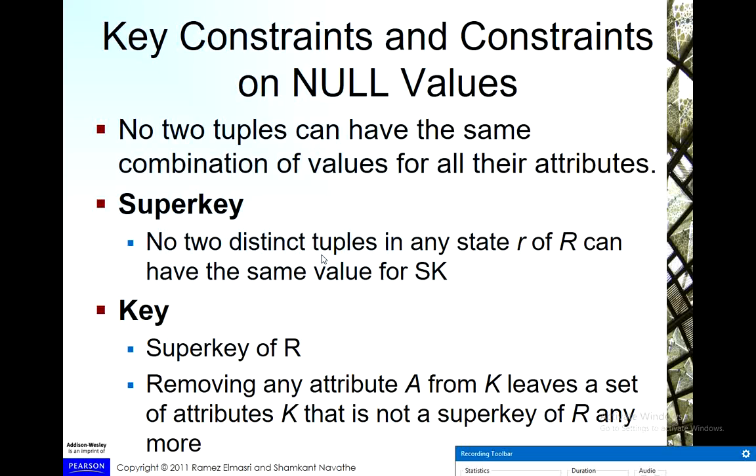For example, I have two students who are twins. They have different names. They are living at the same address. They have the same major. Everything is the same, but there are some differences between them. At least the student ID of them is different.